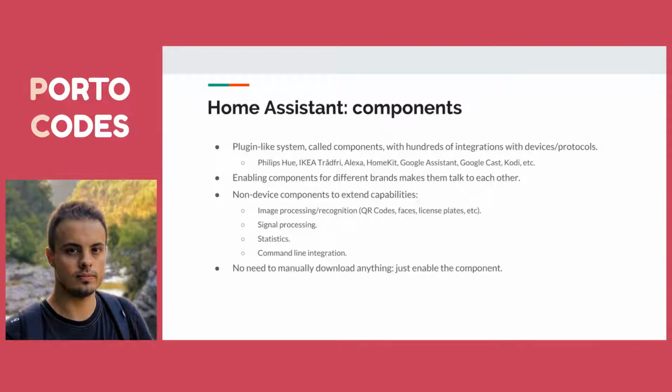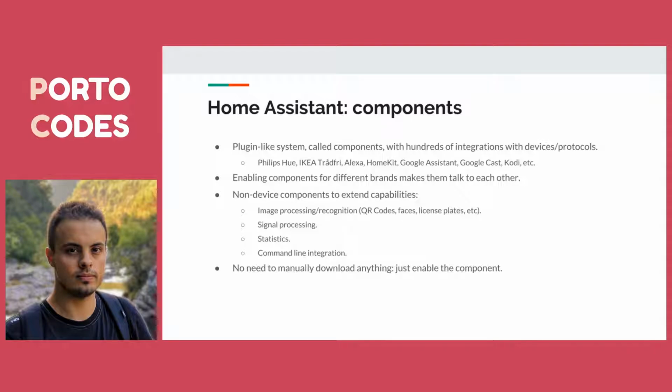Imagine that you have an air conditioner from Daikin and some Philips Hue lights. You enable the Philips Hue component, you enable the air conditioner component, and you can make the lights turn on when the air conditioner turns on, for example. It basically enables you to make two separate systems talk with each other indirectly.